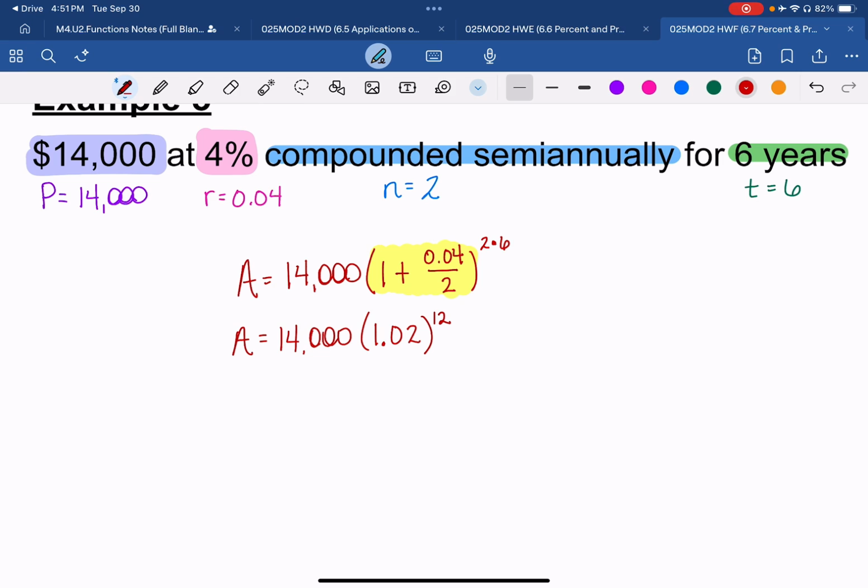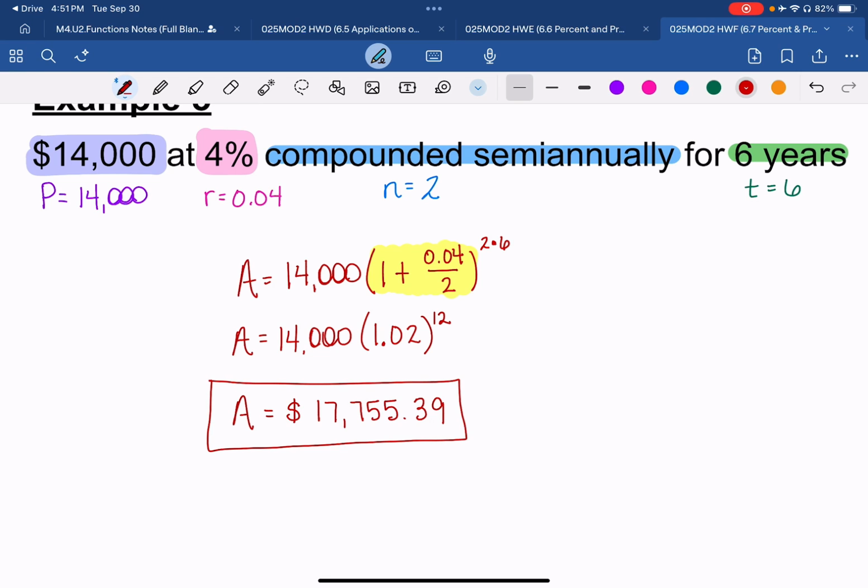Then that's easier to put in your calculator, all of that. And that's going to give you $17,755.39. That's how much money you would have in the account.